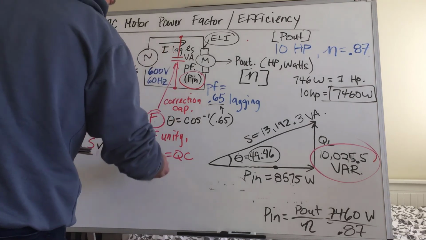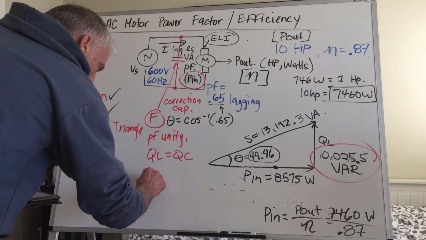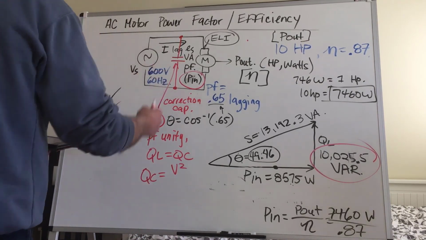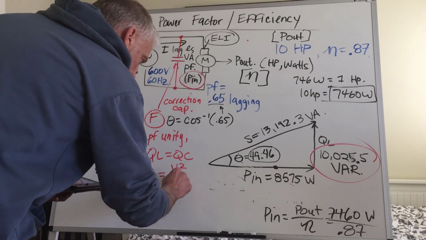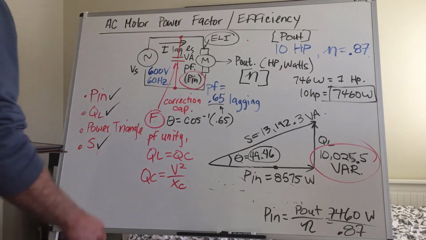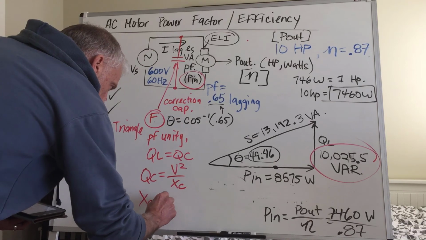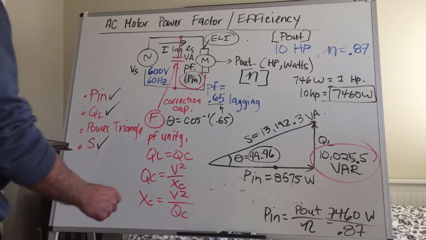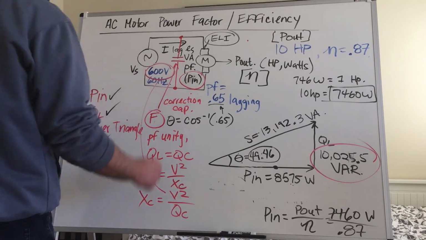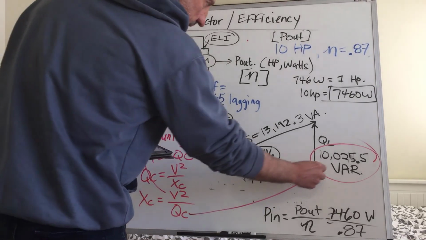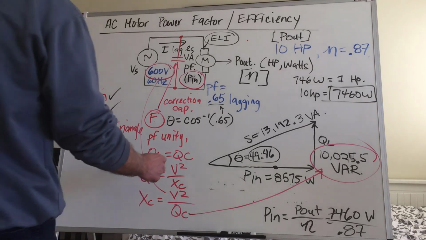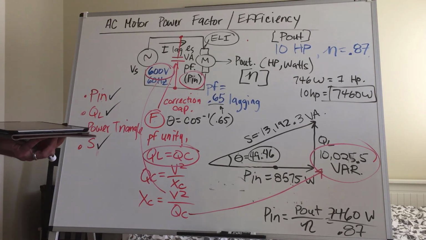So when it comes to our QC value, we know QC is going to equal V squared, or E source, in this case 600 volts squared, divided by XC. So if you want to come up with XC, that's going to be V squared over QC. Where do you get your V squared value? From 600 volts here. Where do you get your QC value? From your power triangle, where you need to counteract your QL in order to give you QL equal to QC.